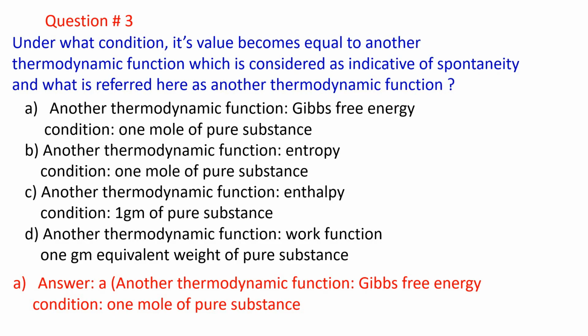So here we have seen just now that chemical potential mu i is equal to dou G by dou Ni at constant temperature, pressure and composition of other components, right? Now, if the number of moles is 1, and it is a pure substance.